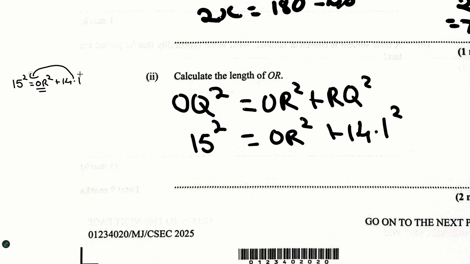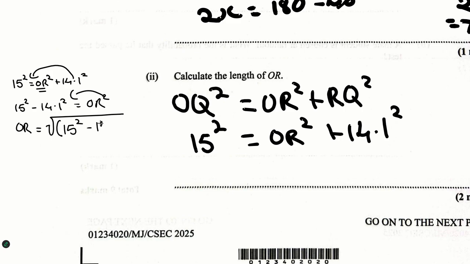Carry this across. This is squared as well. So that'll be 15 squared minus 14.1 squared is equal to OR squared. But do we want OR squared? No, we want OR. So OR would be, carry across the power of 2, that would be square root. So the square root of 15 squared minus 14.1 squared, right?